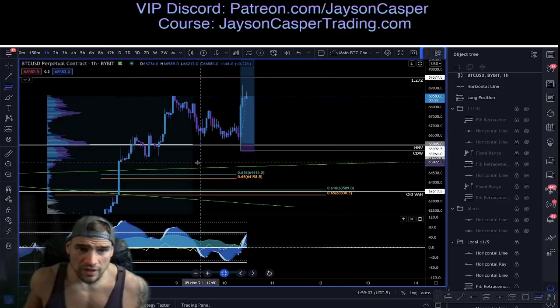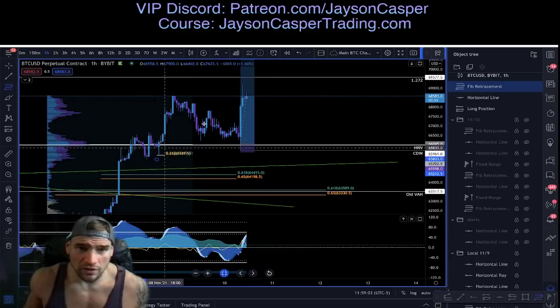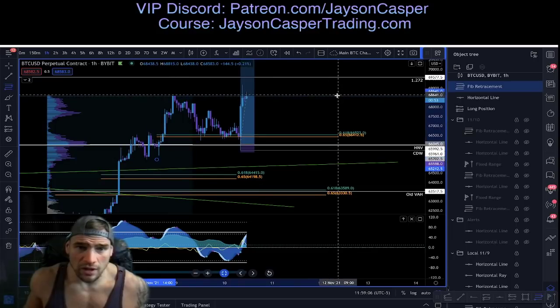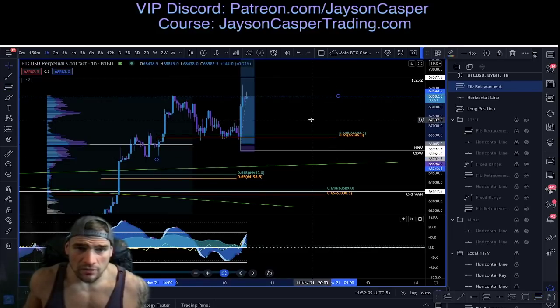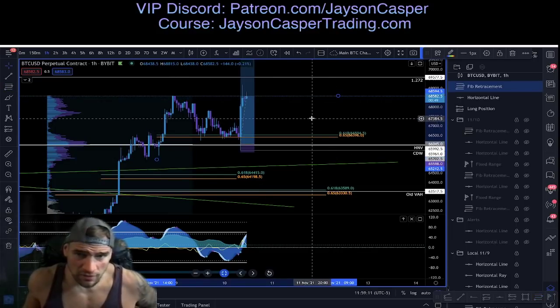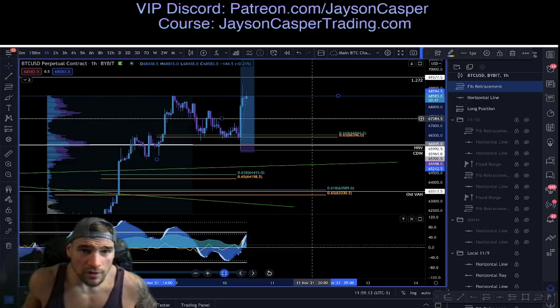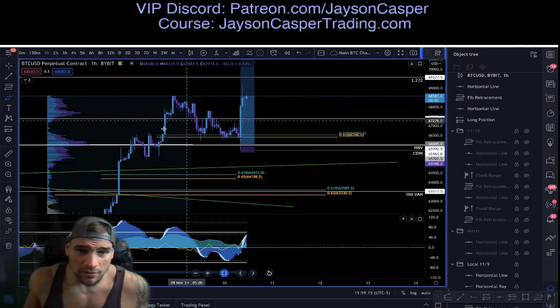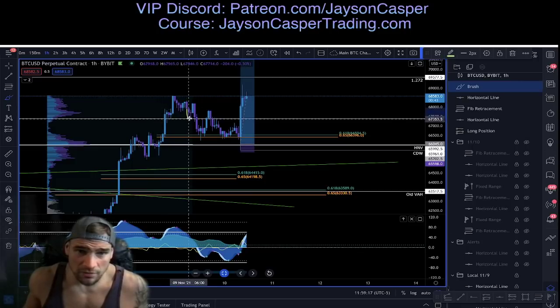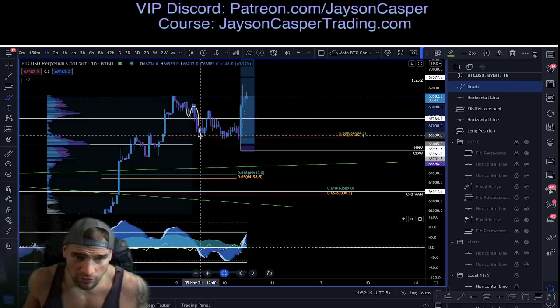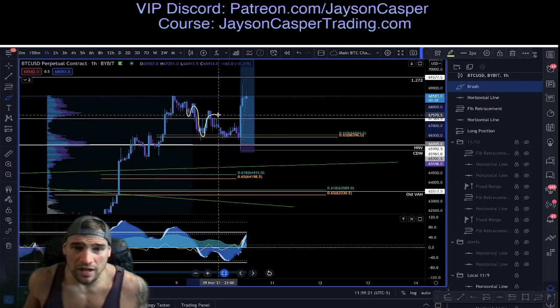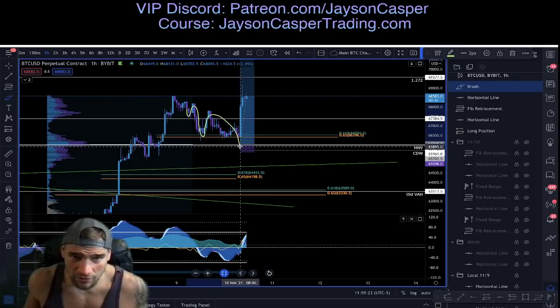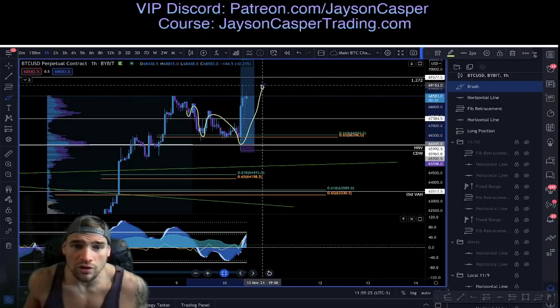But if we do take a fib from this swing low to this swing high, and we can even see if we draw a line where the purple line was right here, we can see pretty much exactly what I wanted to happen happened, right? We came down to the purple line, we got a little bounce. We came down to the golden pocket, we got a bounce. We came down to my level, and then we got a bounce to new all-time highs.